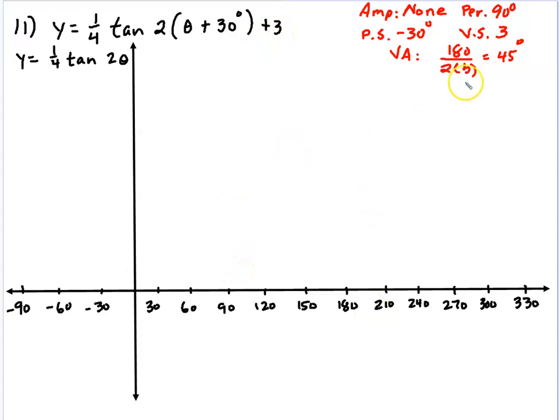All right, so to graph this function, we would have vertical asymptotes starting at 45 degrees. Just temporarily, I'll do them lightly here. This is a vertical asymptote, just splitting the difference between 30 and 60.